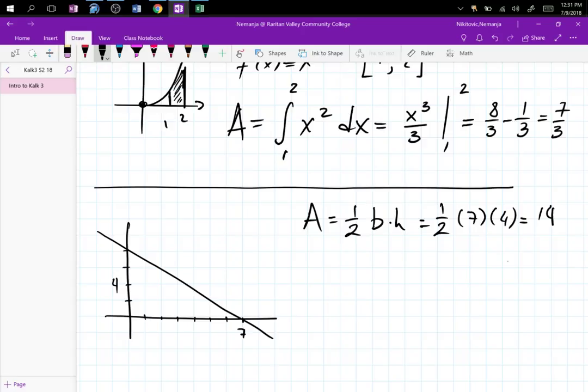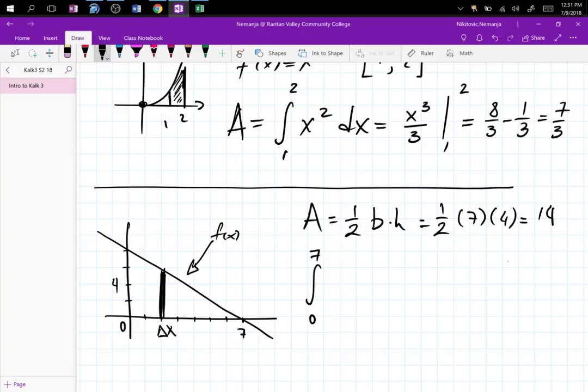And you obviously use integrals to explain, because that's what we do. You say, I'll take a representative rectangle over here, delta x, and that delta x clearly slides from 0 to 7, having this as its function. Oh, that's a linear line.